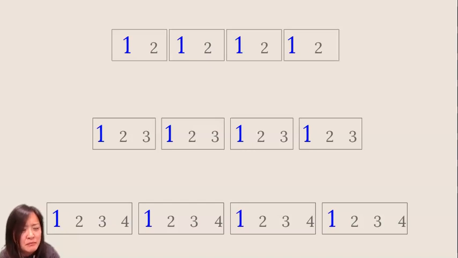Can you identify the meter of this? I hear a very strong beat 1. One, two, three, 1, 2, 3, 1, 2, 3. Okay, so I heard that in 3, and so we would say that this piece is in triple meter. 1, 2, 3, 1, 2, 3.